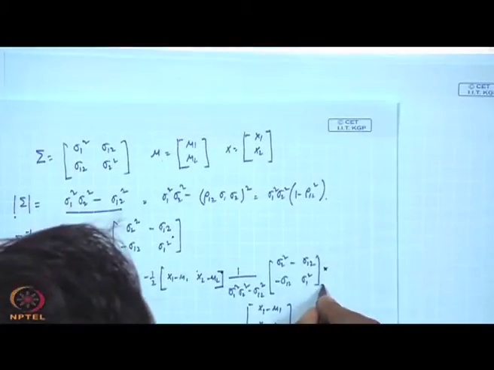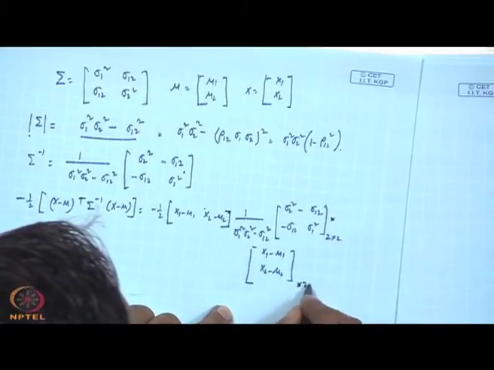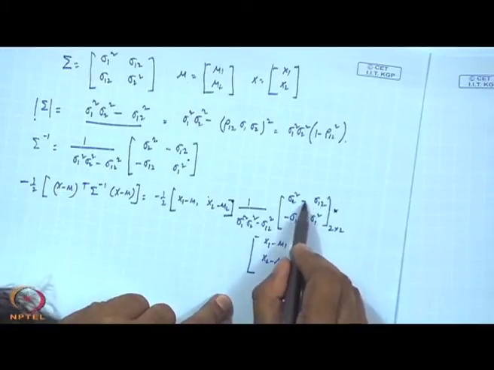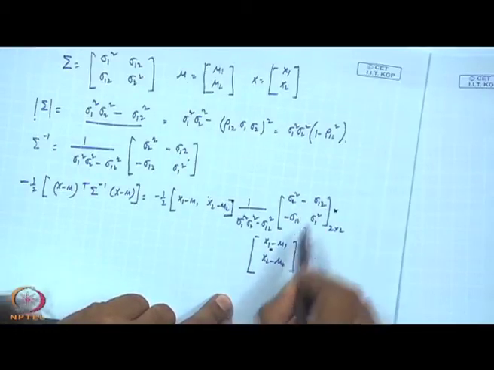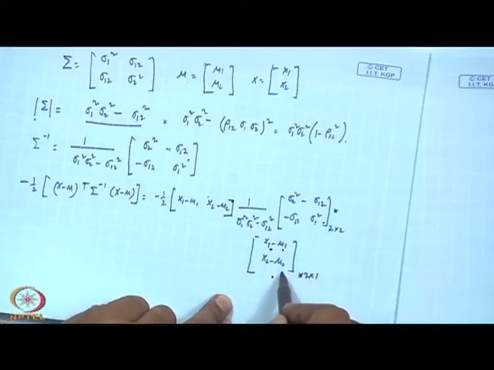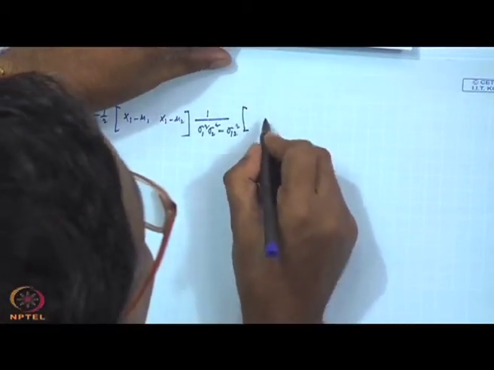You see, this is 2 cross 2 and this one is 2 cross 1. So this row multiplied by this column, plus this multiplied by this. If we write like this, what will happen here?